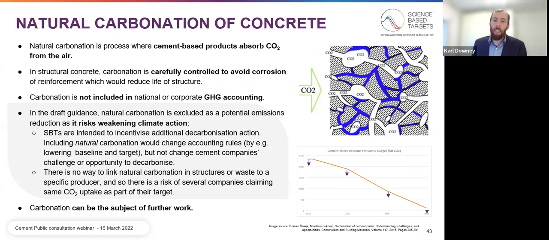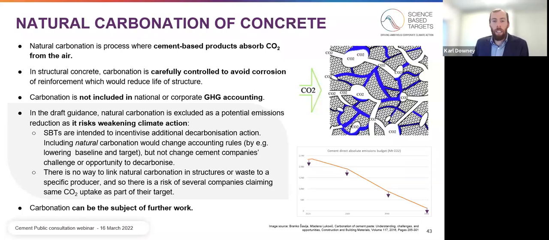The first is that science-based targets are intended to incentivize additional actions. But if we include natural recarbonation, all it would do would change the accounting rules because we would effectively lower the baseline emissions, base year emissions, and also the target year emissions by the same amount, but we wouldn't be changing anything in terms of a company's opportunity to decarbonize.